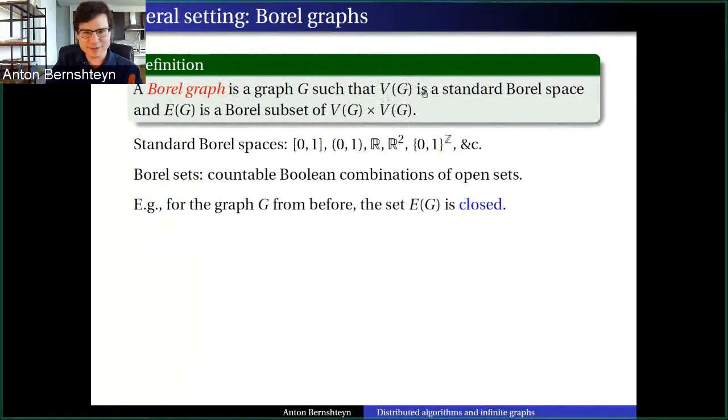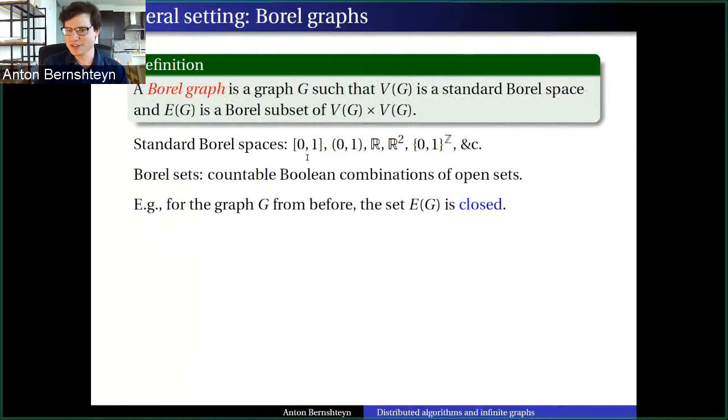Why is that there? Well, we want to talk about, say, measurable colorings, right? To talk about measurable colorings, the vertex set has to be not an abstract set, but a probability space, so that you can actually talk about probabilities and measurable sets there. Otherwise, the questions don't make sense. So it seems that the broadest interesting class of spaces to consider is what is called standard Borel spaces, which I will not define to you, but essentially it just means a nice type of space.